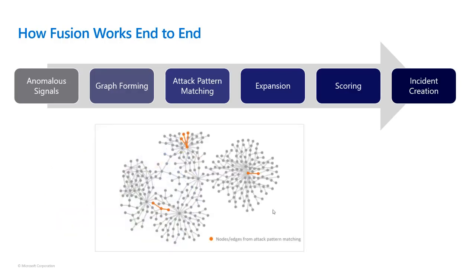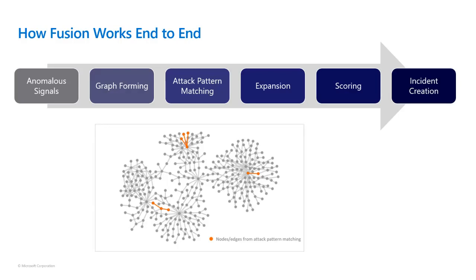So the second step here is attack pattern matching. Fusion has a very large set of attack patterns based on the learnings from security experts and the security research within Microsoft. We also have an algorithm constantly running to find new attack patterns.